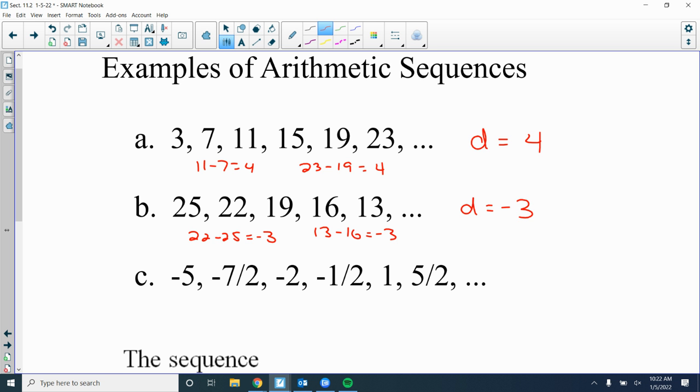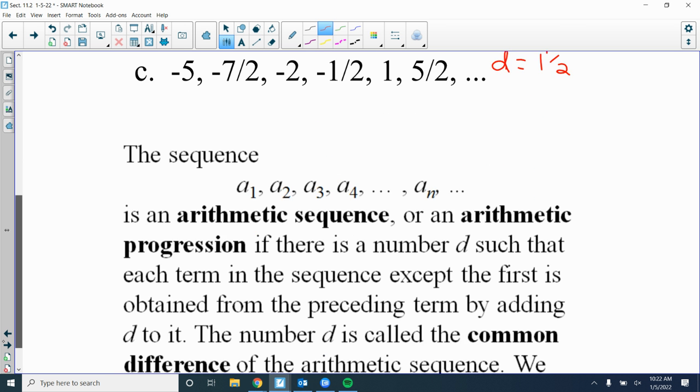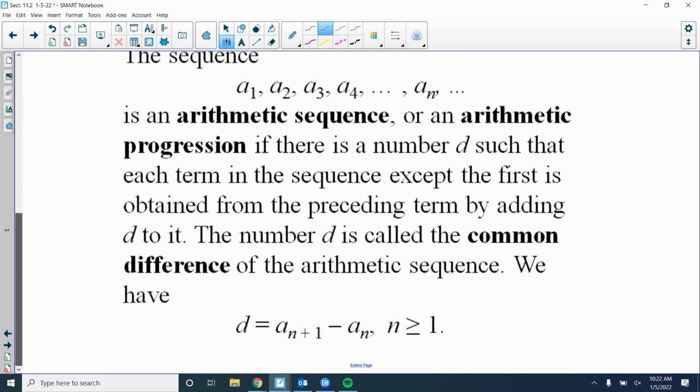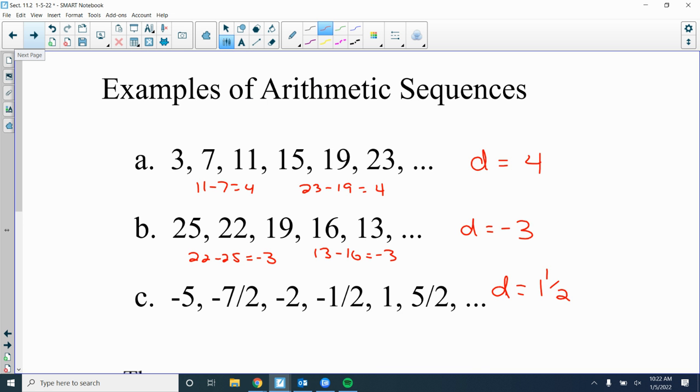And then D here is positive 1.5. So -1/2 minus -2 gives you positive 1.5. 5/2 minus 1 gives you 1.5. So that's basically the case. The 6th term minus the 5th term, 7th minus 6th, however you want to look at that.